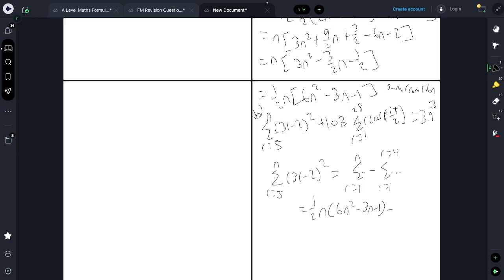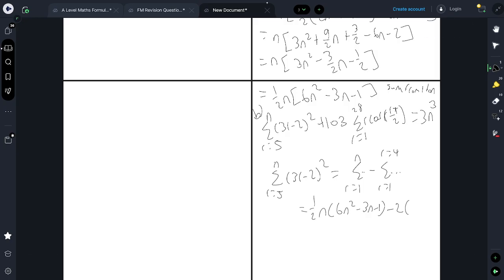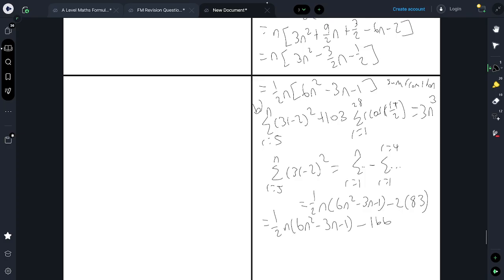So that's going to be 4 over 2, that's going to be 2 lots of 6 of 4 squared minus 3 of 4 minus 1, that'd be 83. And I guess that would just be a half n, 6n squared minus 3n minus 1, minus 166. And there's not more we can do here.